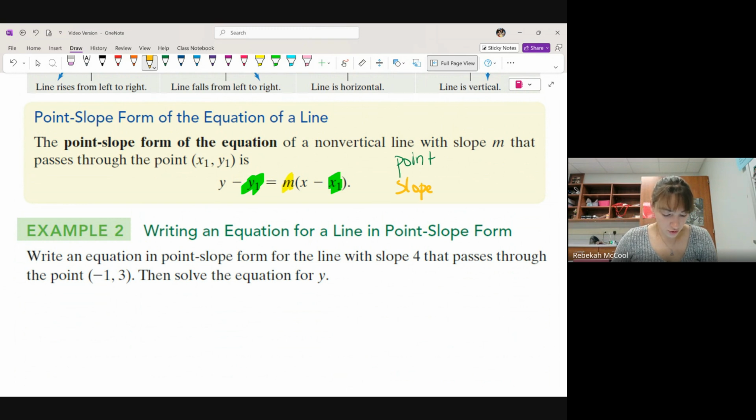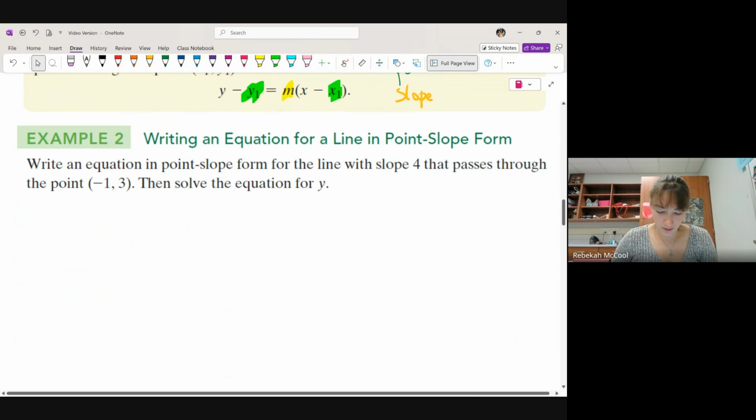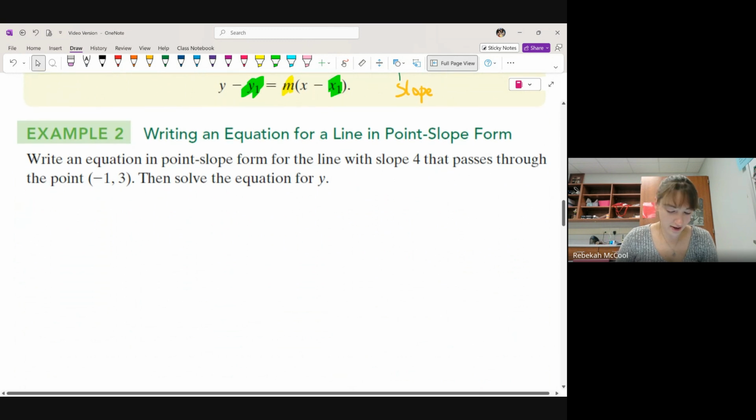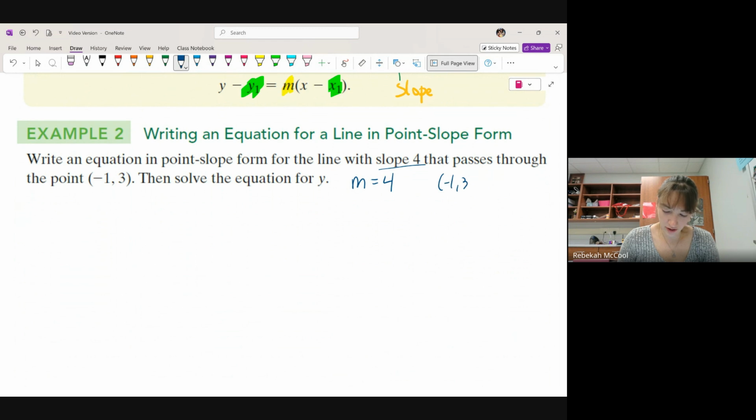If we want to write an equation in point slope form for the line with slope of 4 that passes through the point, and then solve it for y. They tell us the slope is 4, so our m is 4, and then they give us the point (-1, 3).